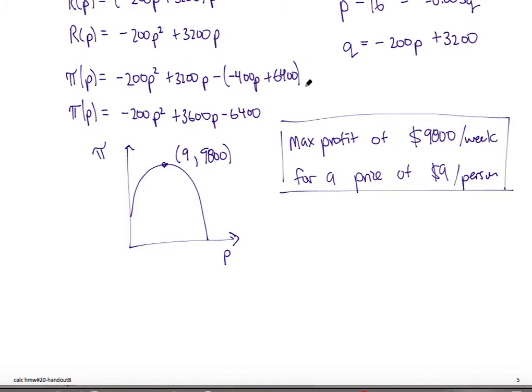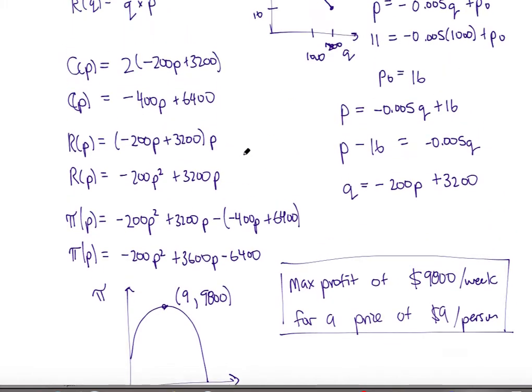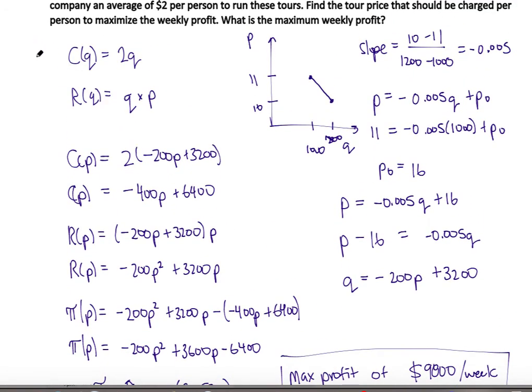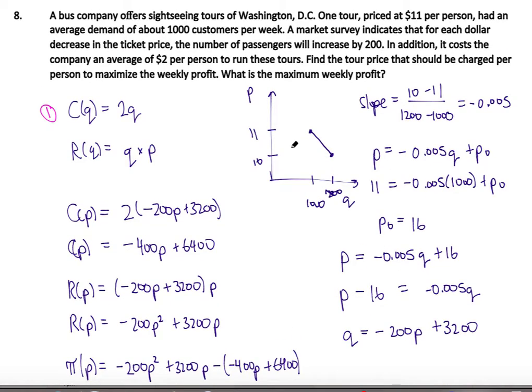So just as a recap, let's go through and say what we did. Here I have cost and revenue in terms of quantity, but I don't want it in terms of quantity. So what I do is I go into my information for price and quantity and calculate the slope of a linear section. So this is the second thing I did.